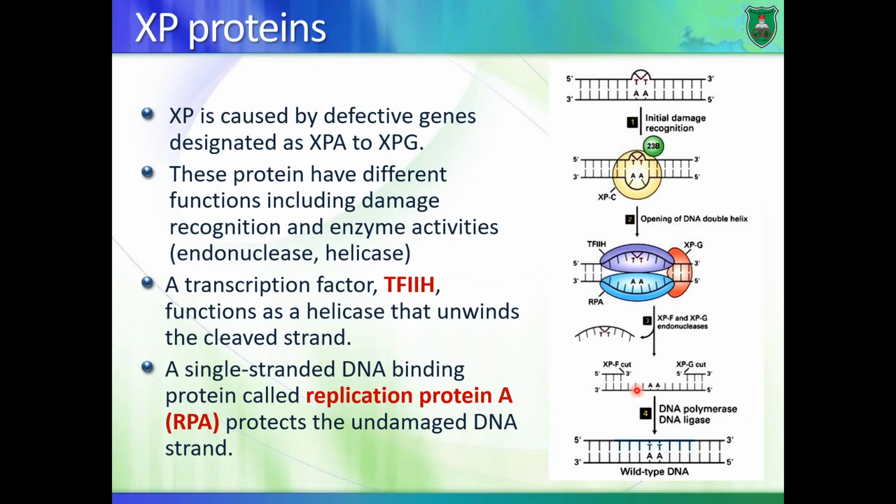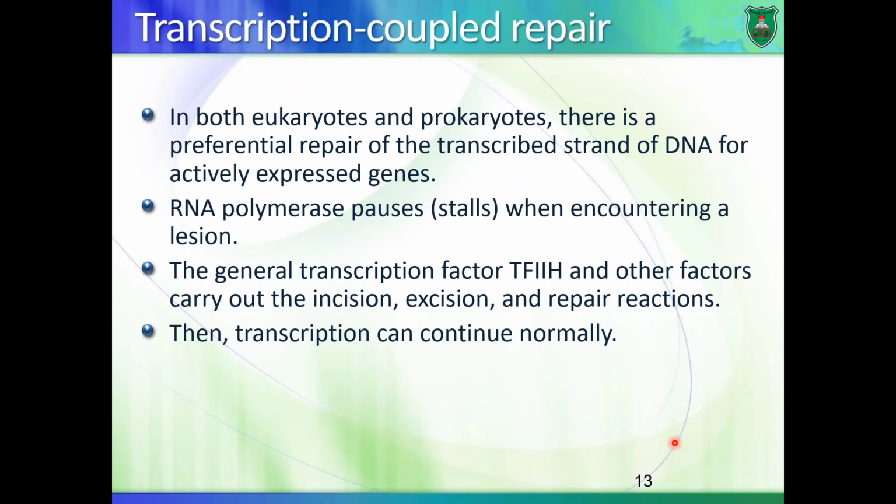So anyhow, what the replication protein A does is that it coats this DNA, protecting it from degradation, allowing for the DNA polymerase to fill in the gap, and the DNA ligase comes in, and again it forms the phosphodiester bond.